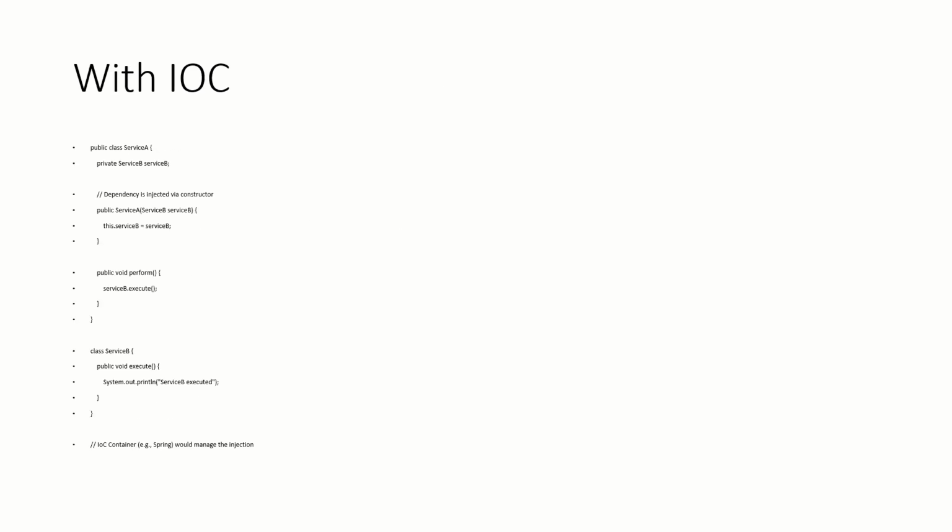Now coming to the next slide, I have listed this example of inversion of control, where the concept of inversion of control is applied. Here you can see we have class A, and again inside class A we need the object of class B, but we are not directly going to create the object of class B. What we are doing is passing the object of class B into the constructor of class A, and those objects are passed at runtime when we call the perform method of class A inside the main block.